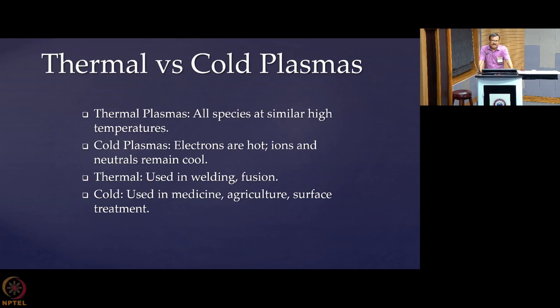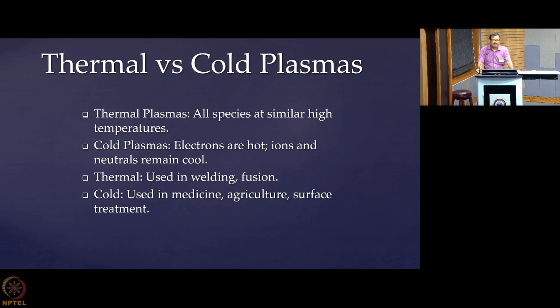There are cases where you want to apply plasma on biological substances where cells and tissues are involved, and they cannot bear a temperature more than 45 degrees centigrade. But electron temperature may be well high, maybe 30,000, 40,000 degree Kelvin, and that serves the purpose for which you are going to apply it.